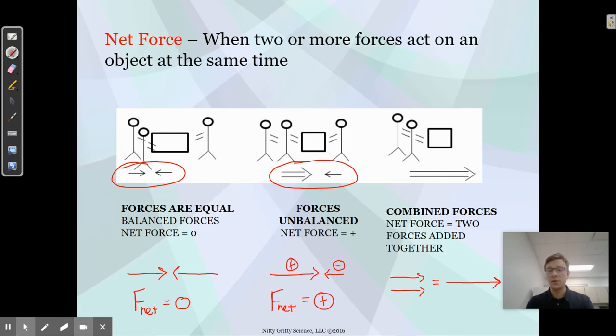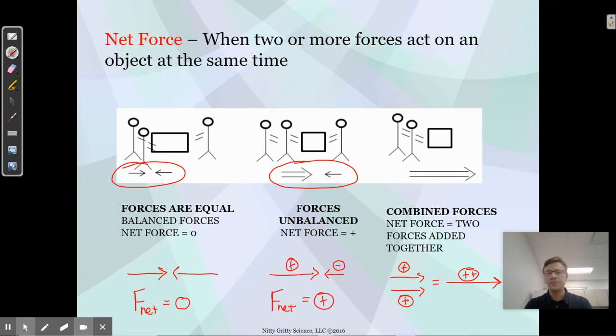So you have a force that has a larger vector, a larger arrow there. The point here is that when you have forces that are pointed in the same direction, let's say that to the right is positive again, then you're going to add those two arrows together to get the larger arrow, which I'll label as two pluses here.